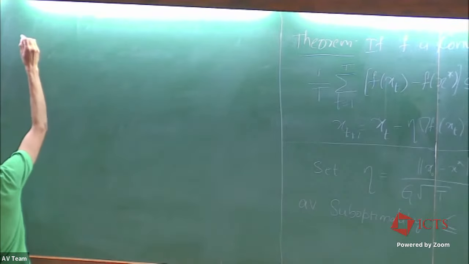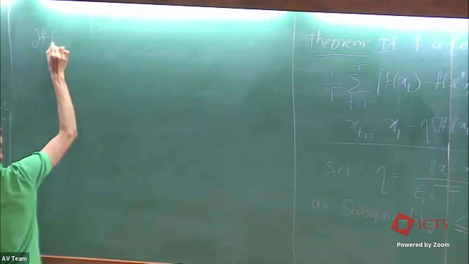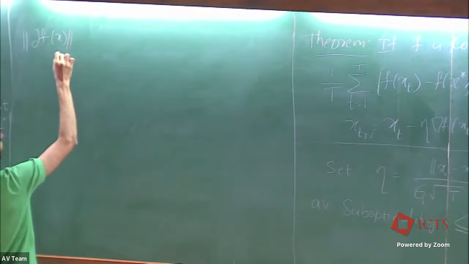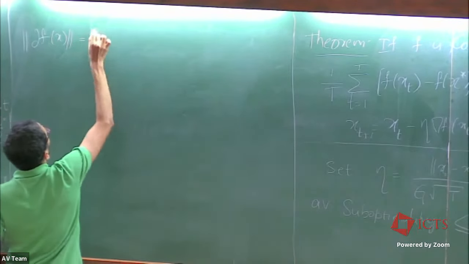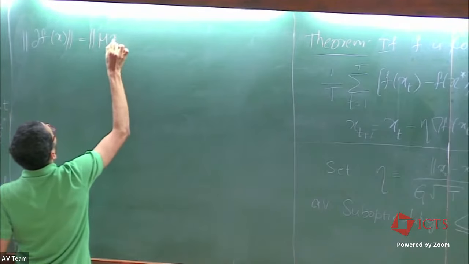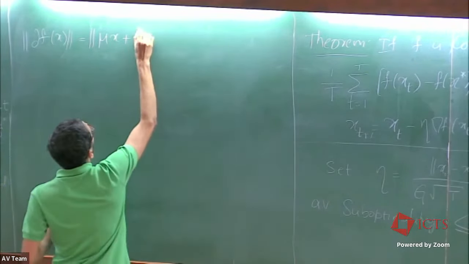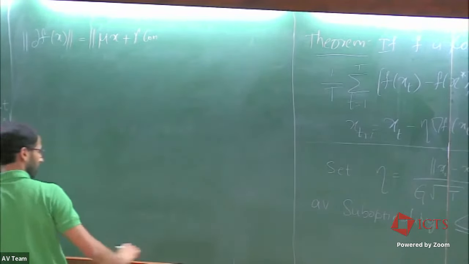So firstly, if you look at the norm of any subgradient here, this is equal to the norm of mu times x plus gamma times the convex combination, the summation.